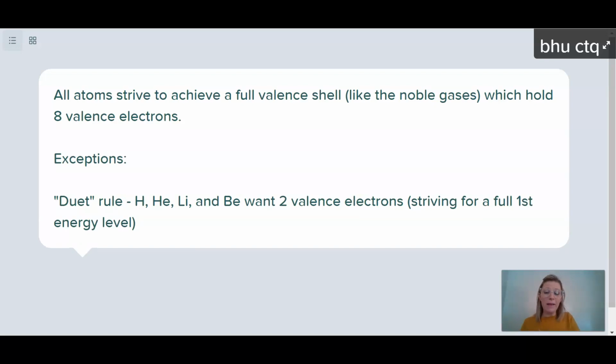So hydrogen might gain 1 electron, helium is already stable, lithium will lose 1, and beryllium would lose 2, just to get to that full first energy level.